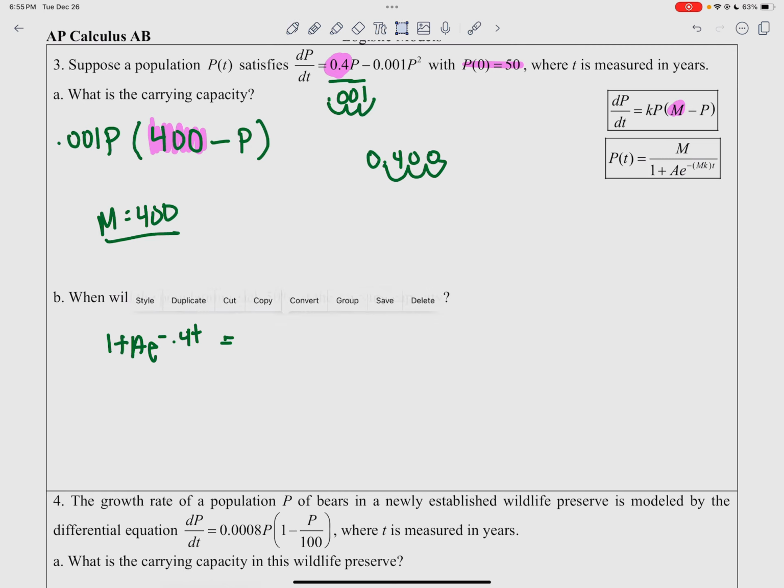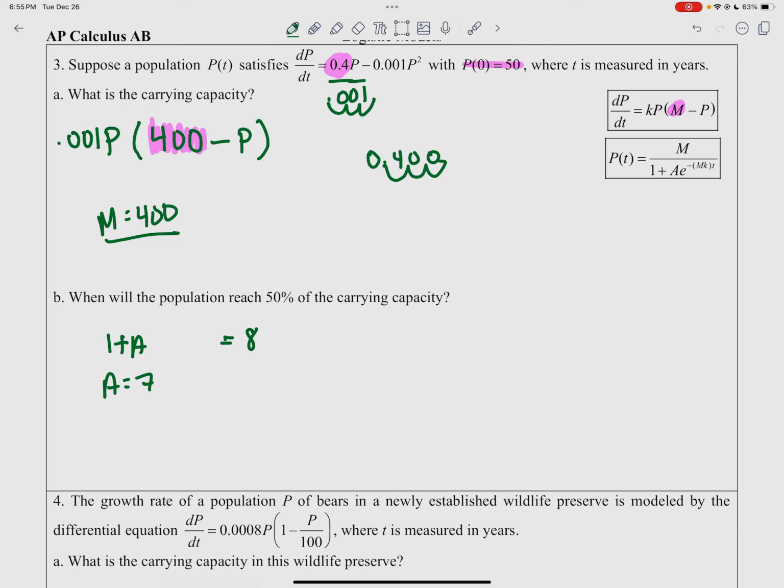So this gives us 8. We need to solve for a now. Remember that my initial condition is 0, so I'm going to plug in 0 for t, and this just wipes off. So that means that a is going to be 7.